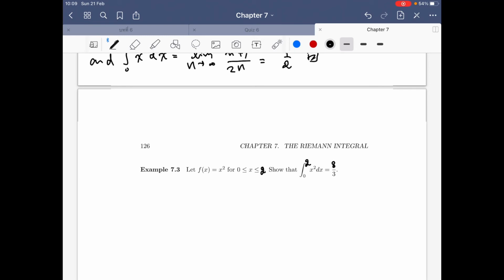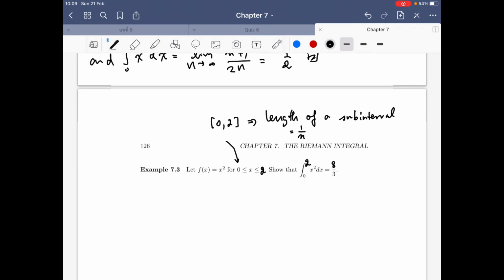Okay, so we are going to do the same thing, calculating the lower sum of a partition and the upper sum of a partition. And the partition that we are going to talk about will be a partition of this closed interval from 0 to 2, where this time the length of each subinterval will still be, let's say, 1 over n.